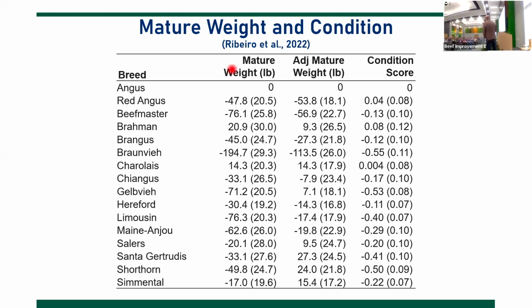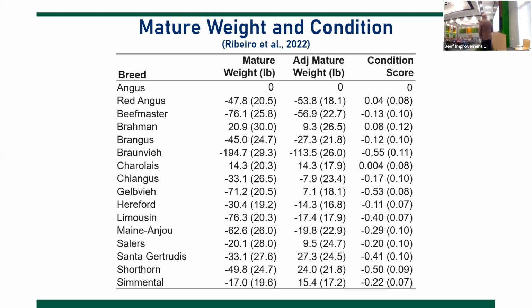This same study also looked at body condition score right here, and what the composition of that mature weight is. You end up with a lot of breeds that are at or near probably the same condition at mature weight, and Angus is not a surprise.